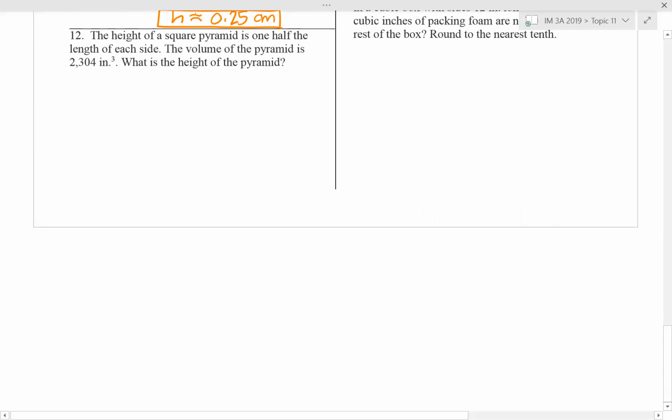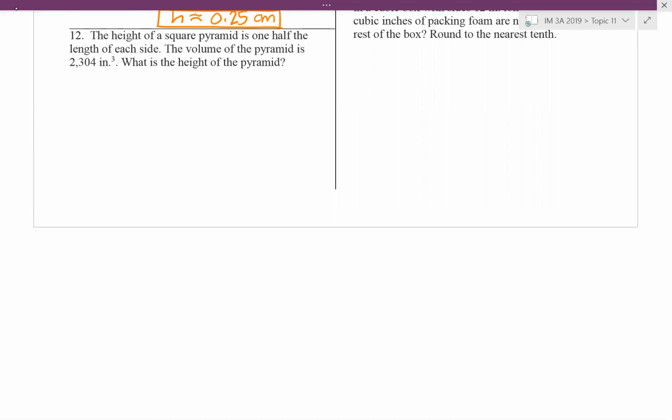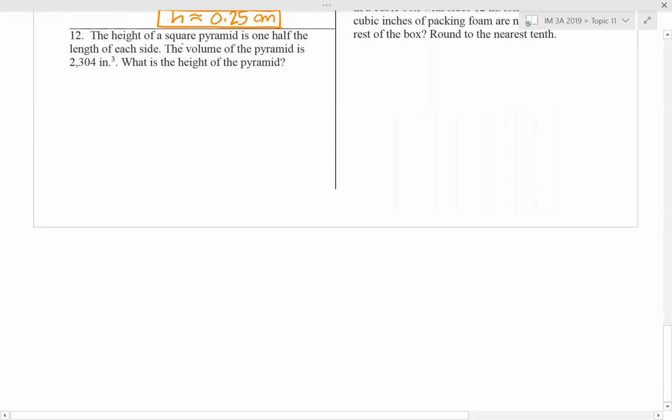For number 12, we have the height of a square pyramid is 1/2 the length of each side. So they're giving us a ratio of the two sides together. If I have a square pyramid, the volume of a pyramid is 1/3 the area of the base times the height. Since it's a square, the area of the base is s squared.